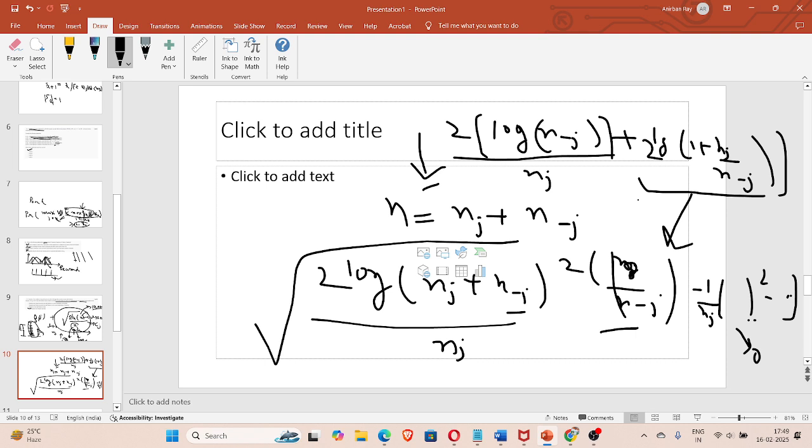So n minus j represents the arms which are not selected. n minus j represents the number of times that the jth arm was not selected.